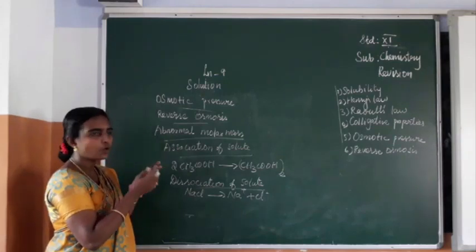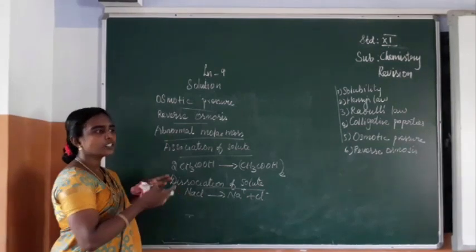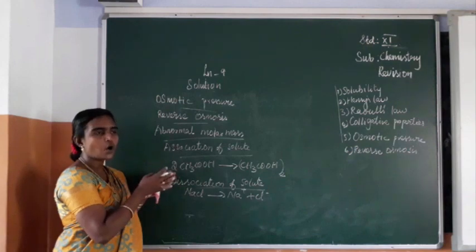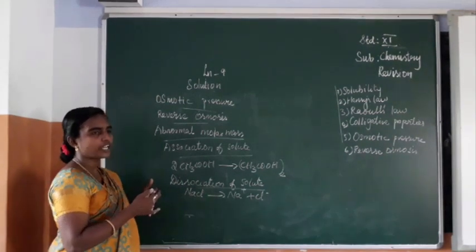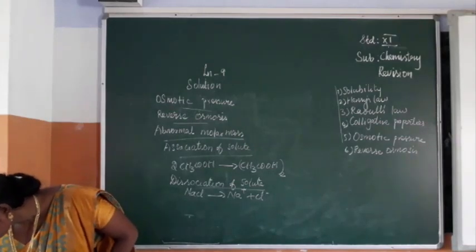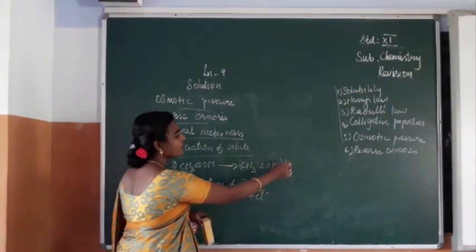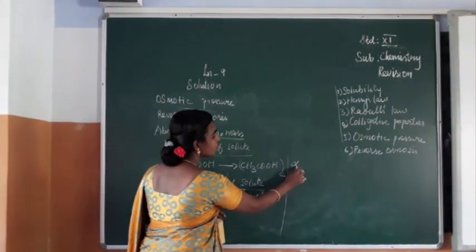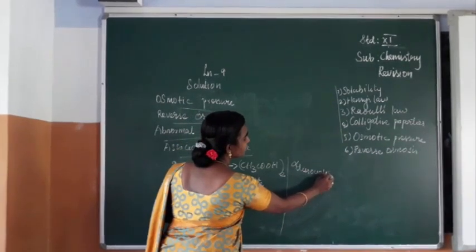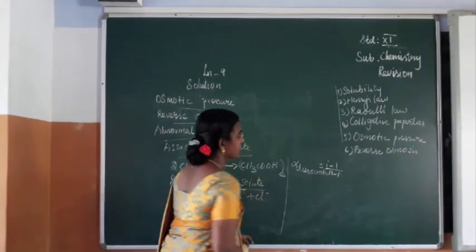The relation between the degree of dissociation and the van't Hoff factor is given by the equation alpha dissociation is equal to i minus 1 divided by n minus 1.